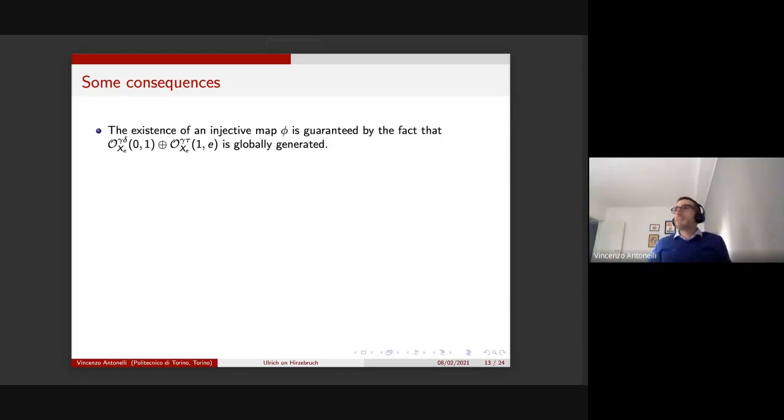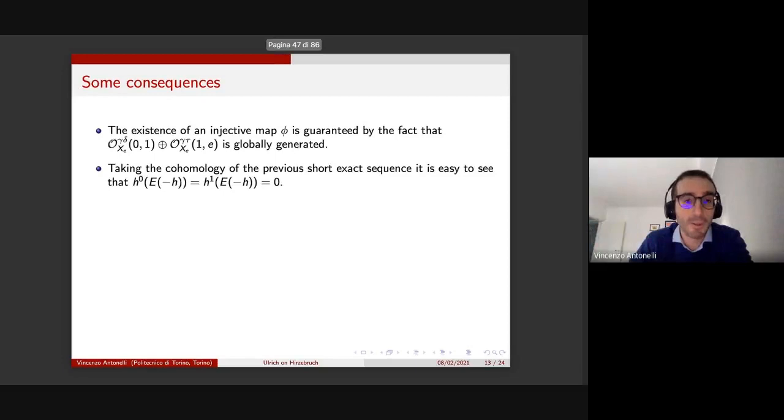So let's see some consequences of these two theorems. The first one is that the existence of an injective map is always guaranteed. So we can always have an injective map, and hope to have Ulrich bundles. That's the first point.